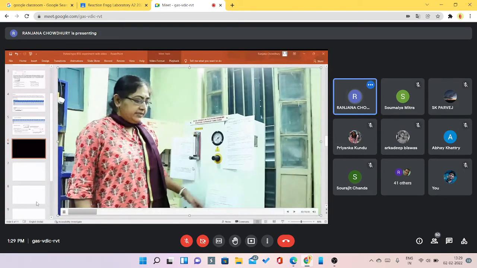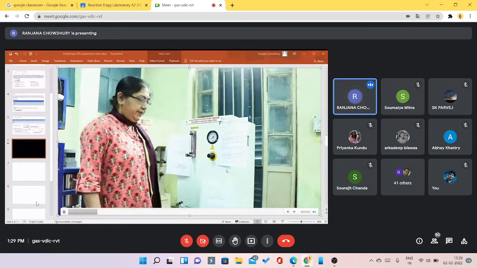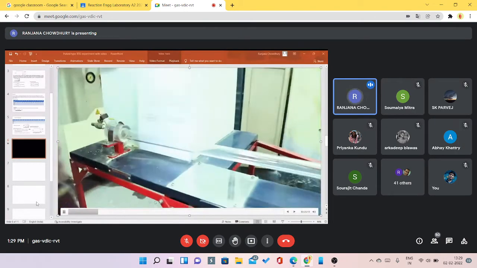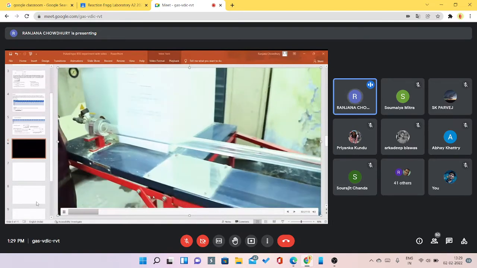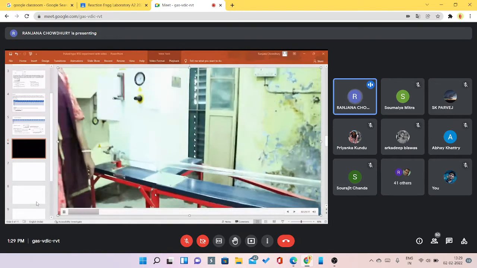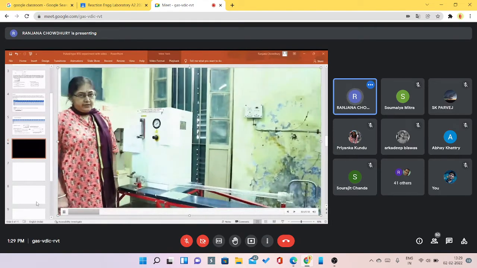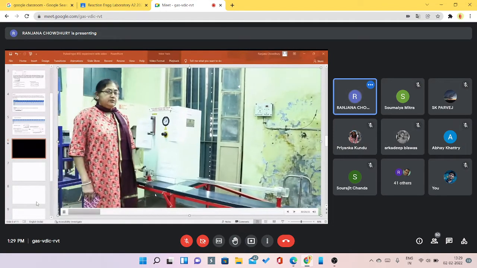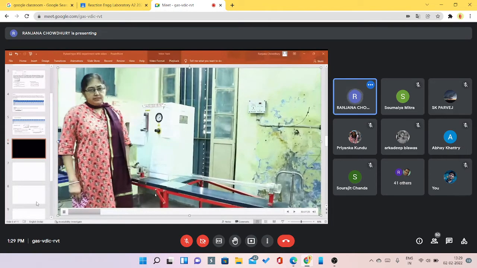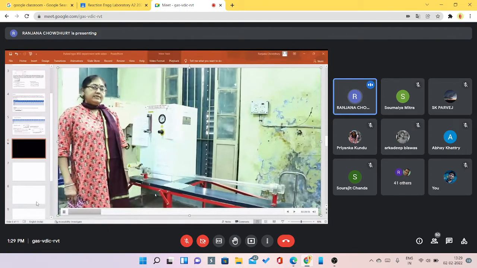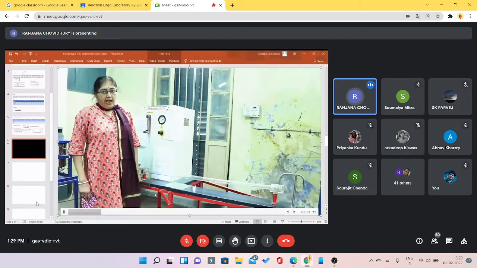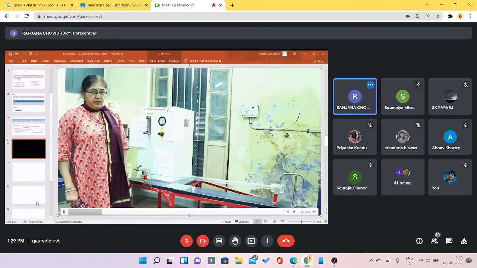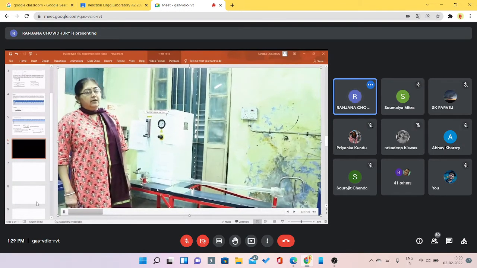You can see here, this is an experiment with a tubular reactor, and here we will inject one tracer in a pulse. What is a tracer? A tracer is a non-reactive species. That is, it has nothing to do with the reaction, and it should be non-interactive in nature towards the reactants.